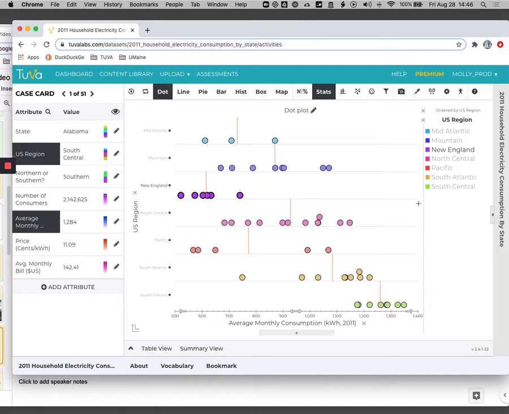So it looks like states in North Central and Pacific regions have more variable monthly electricity use.